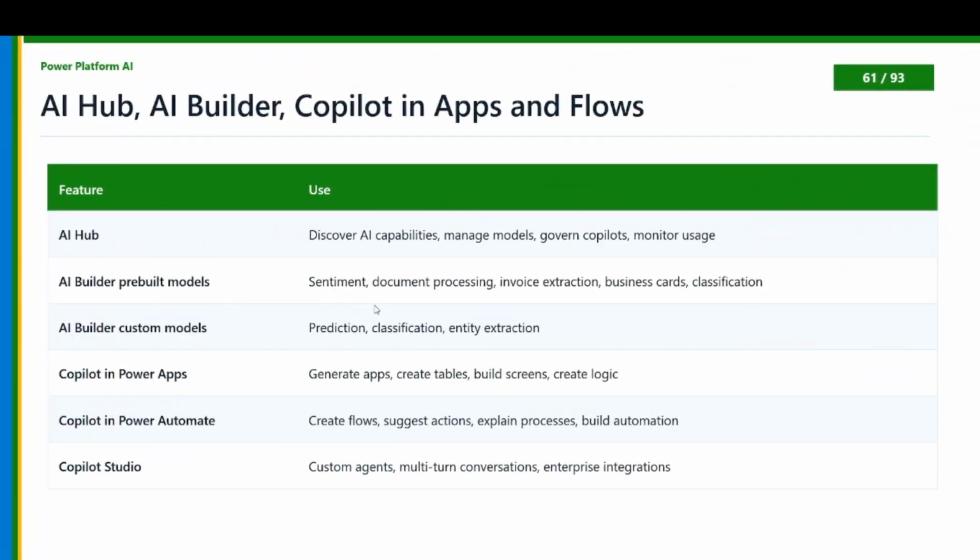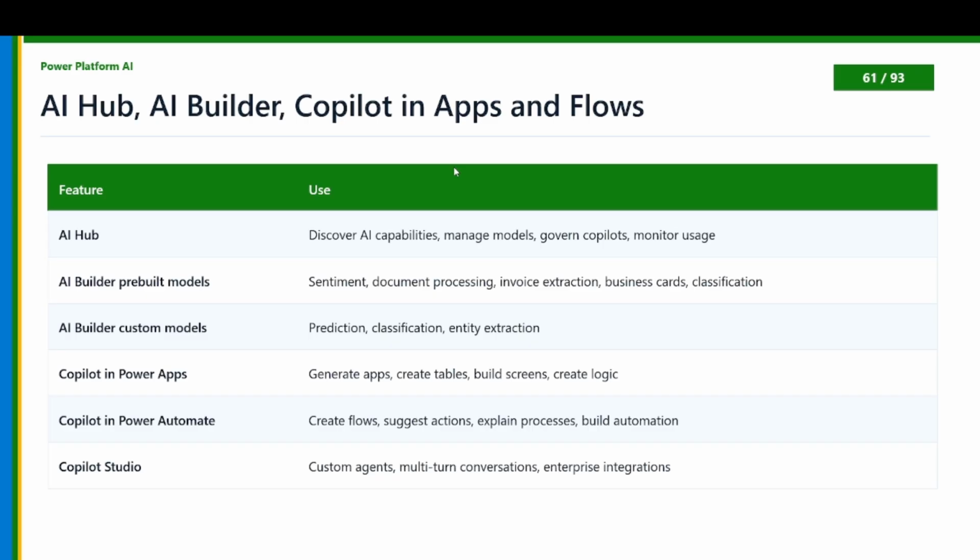All right, so on this slide 61, we have Power Platform AI. We've talked about AI Hub. Remember, AI Hub is still the center, where you can govern AI, monitor AI, apply telemetry, and apply the principle of responsible AI.